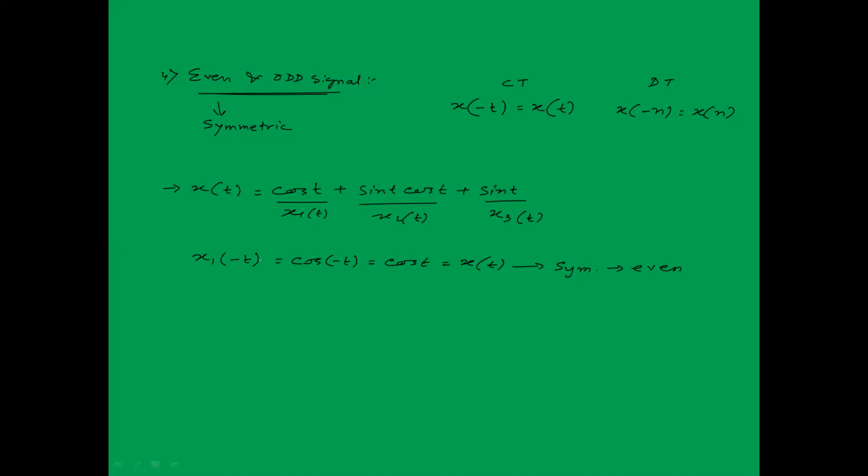Now x2 of minus t, that is sin of minus t times cos of minus t, which gives minus sin t cos t, which is non-symmetric. So I can say this is an odd component.